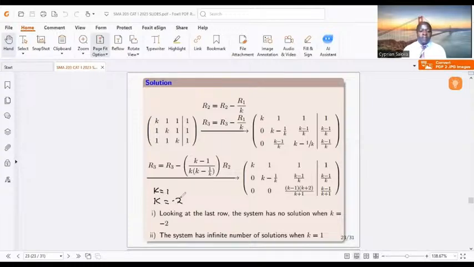So what about this part? We want it to be non-zero. When k is 1, this part will be 0. So that means k should not be 1. If k is 1, this system will have infinitely many solutions.